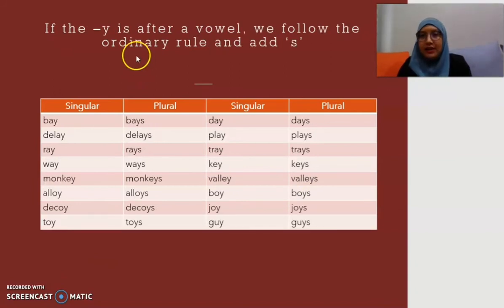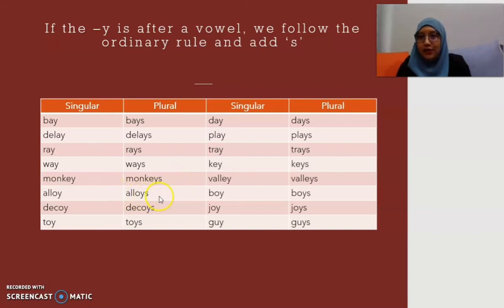Alright, if the noun ends with a Y, but before it is a vowel, A, E, I, O, U, we follow the ordinary rule from the beginning just now. Just add S at the end. Bay becomes bays. Delay, delays. Ray, rays. Way, ways. Monkey, monkeys.